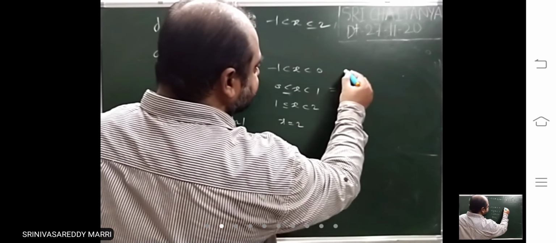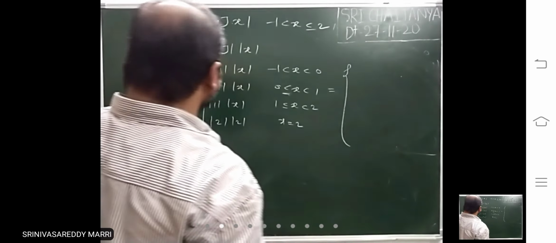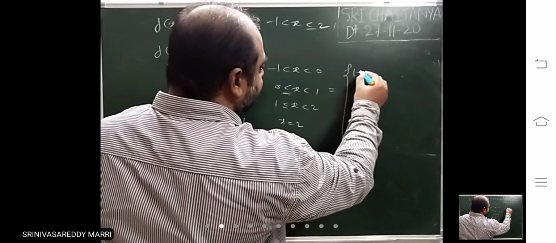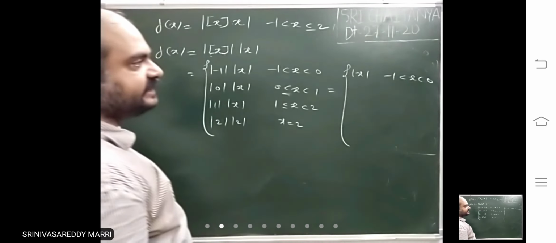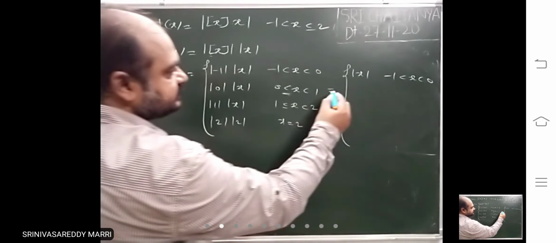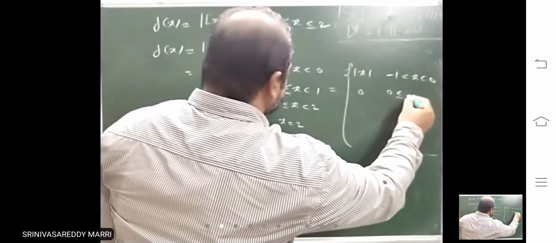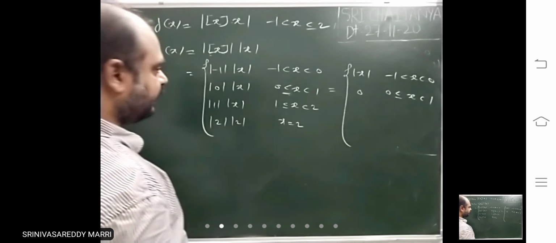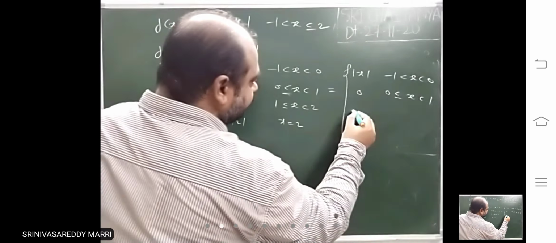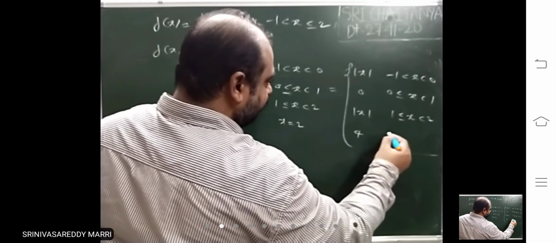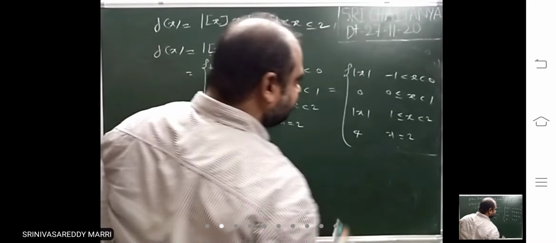That means what is the definition you got? If you write the definition, it will be easy. Modulus x for less than 0, right? So this is 0 to 1. Now this is 1 into modulus x when 1 to 2, 4 when x equal to 2.